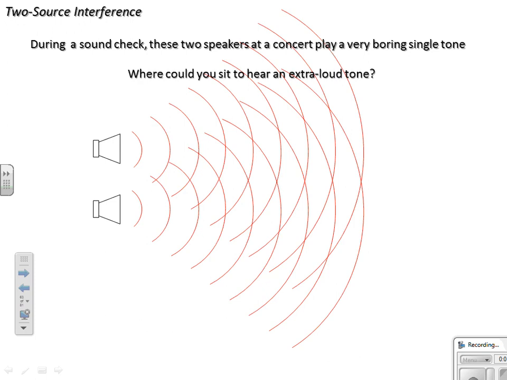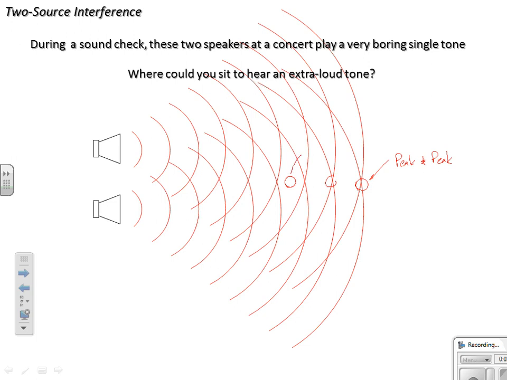So the question is, if you wanted to hear something extra loud, where could you sit? Well, you could sit something like right here, or right here, or even right here, because here we have peak and peak interfering. That makes a bigger peak. If these are sounds, that makes a louder sound.